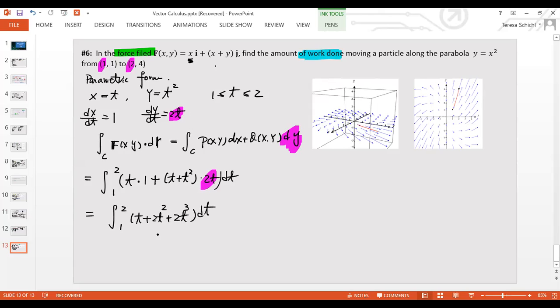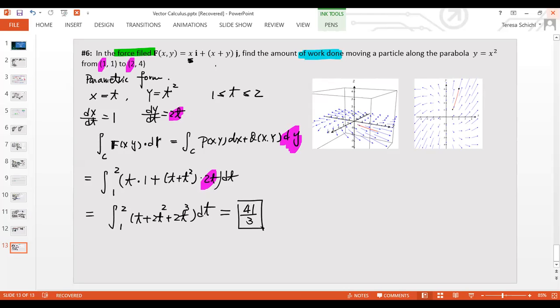I assume everybody knows how to do the integration here. The integration finally gives 41 over 3. So the total work done by moving this particle along this parabola is 41 over 3.